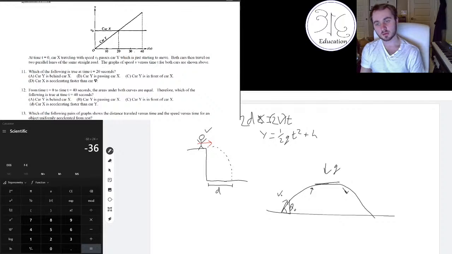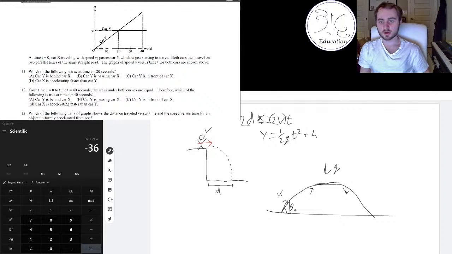It doesn't mean that they are passing, because for car Y, the area under the curve is smaller than the area under the curve for X. So it's not going to be passing. Car Y is going to be behind X. I say D. I was thrown off because D also looked like an attractive option because I misread it.